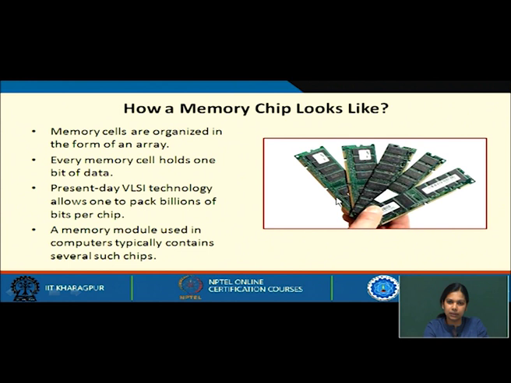Present day VLSI technology allows one to pack billions of bits per chip. A memory module used in computers typically contains several such chips. These chips are put into the memory slots that are present in the PC.